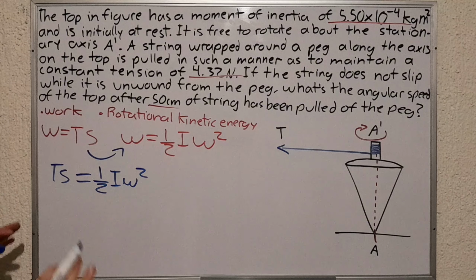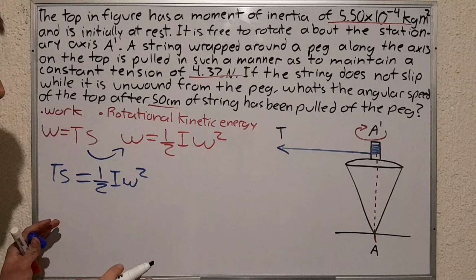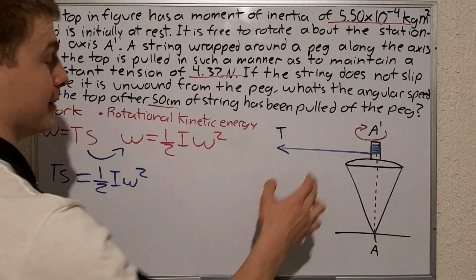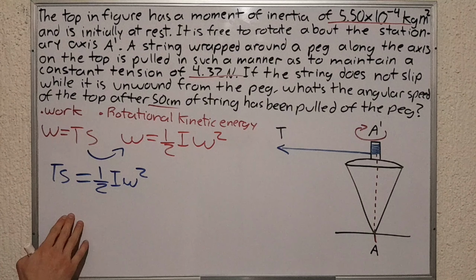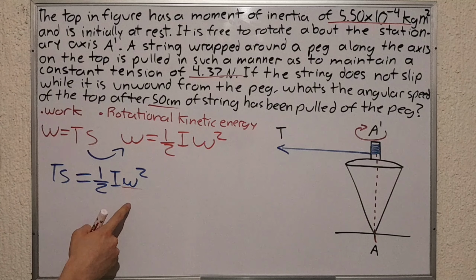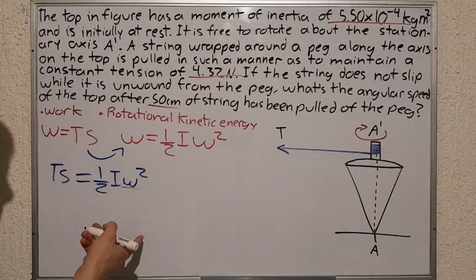I'm going to make a quick pause here. Before that, we see that the problem is asking what's the angular speed, right? So in this equation, I have the angular speed. Of course, I have to clear my variables.